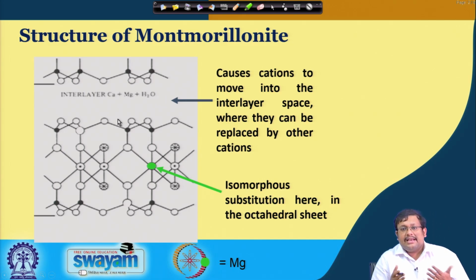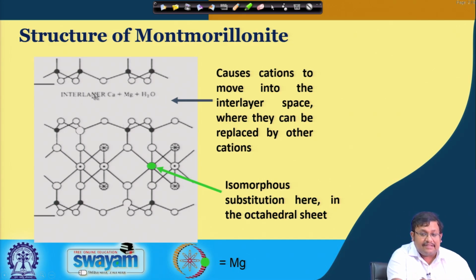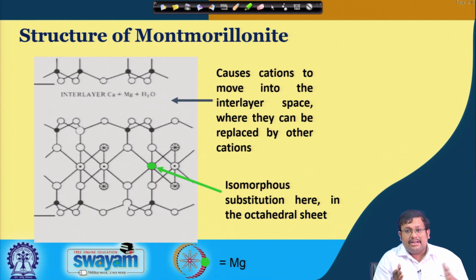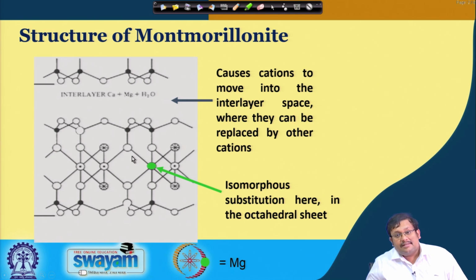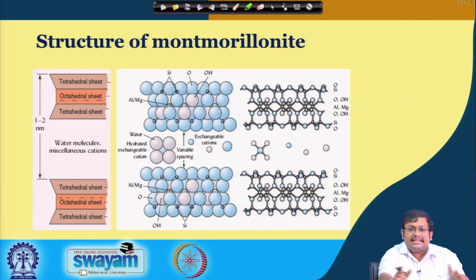There is always a natural repulsion between the negative charges when the two layers come very close, because similar charges repel each other. As a result, there is a high space in between, and it causes cations to move into the interlayer space where they can be replaced by other cations. So, this is the reason that montmorillonite shows high swell and shrink property. So, this is in detail about the structure of montmorillonite.